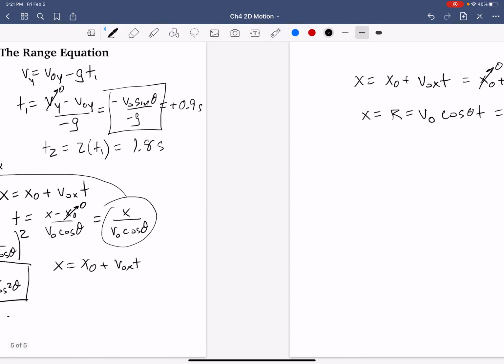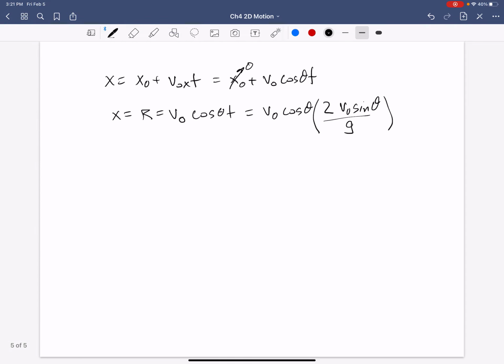The minuses canceled out there. So if we simplify this a little bit, we have 2 v naught squared sine times cosine over g. All right. And this is the range equation, but also if you want to use the trig identity, you can.